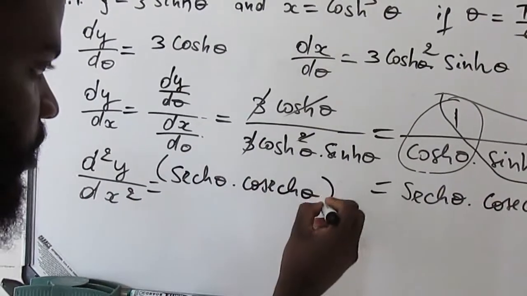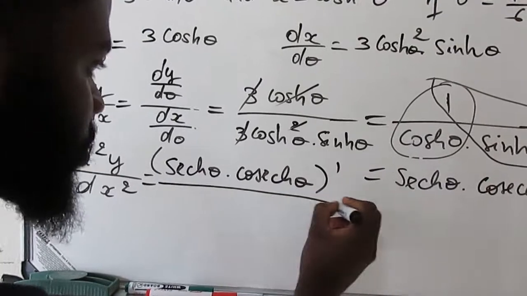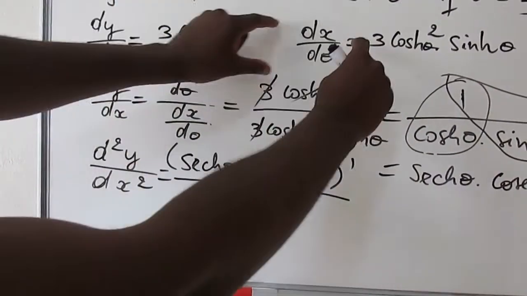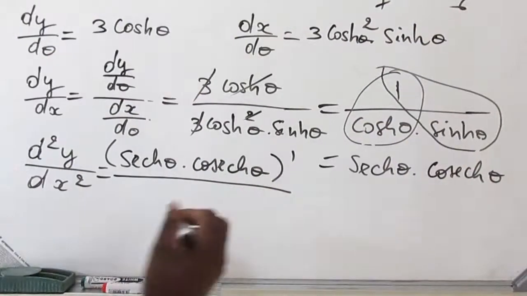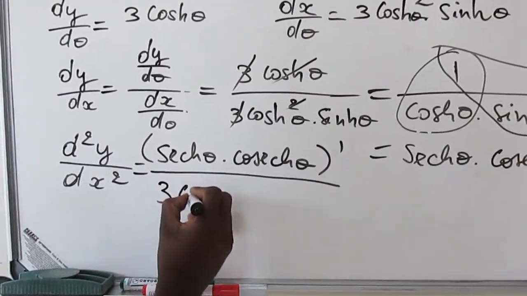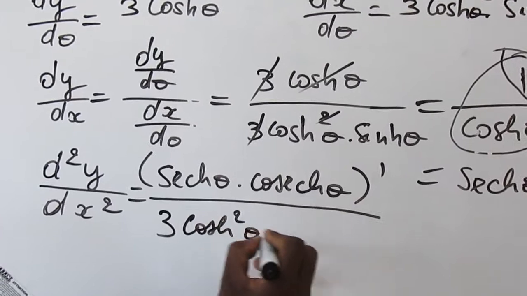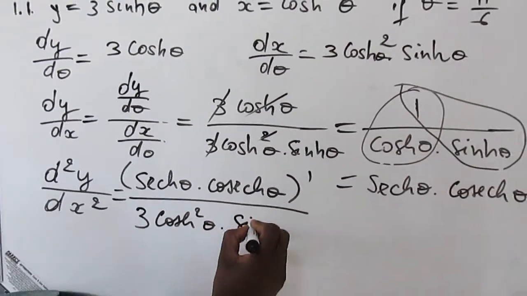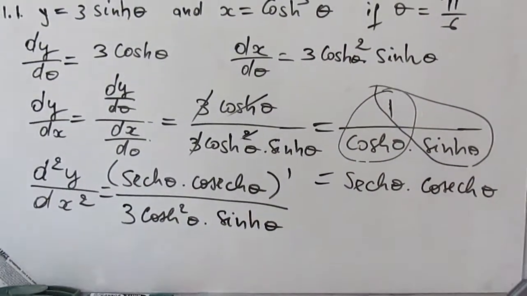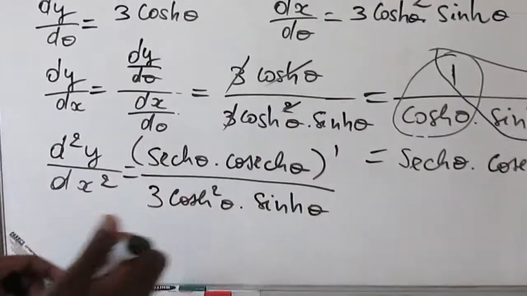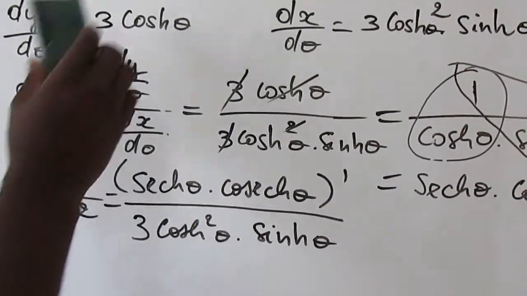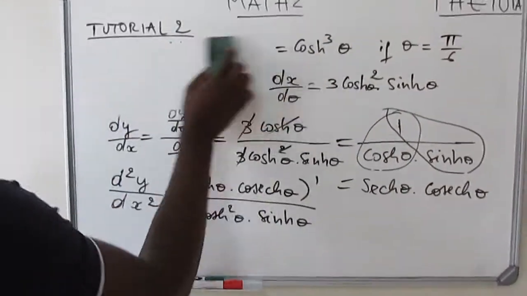Then we say over dx over d theta, over all of this, 3 cosh squared of theta multiplied by sinh of theta. So you can see that here we've got our product rule. We're going to apply the product rule here. Let me quickly erase here for some space.